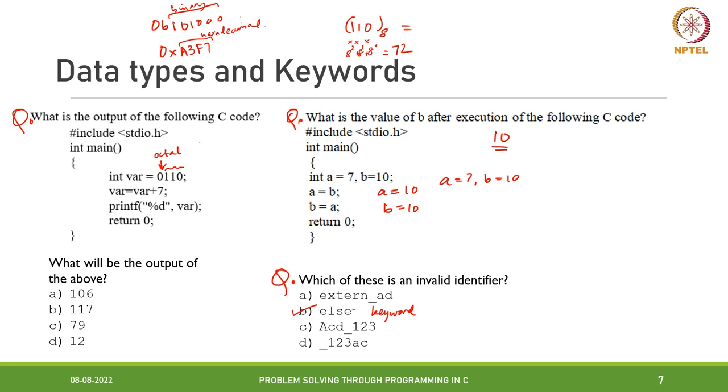So 0 will be multiplied with 8 to the power 0, 1 will be multiplied with 8 to the power 1, and 1 will be multiplied with 8 to the power 2. Then we add them up and you will have 72. That is of base 10, a decimal number. Now when you add 72 plus 7, that will give you a value of 79, and that is what is going to be printed with percentage d, so it will print 79 for you.